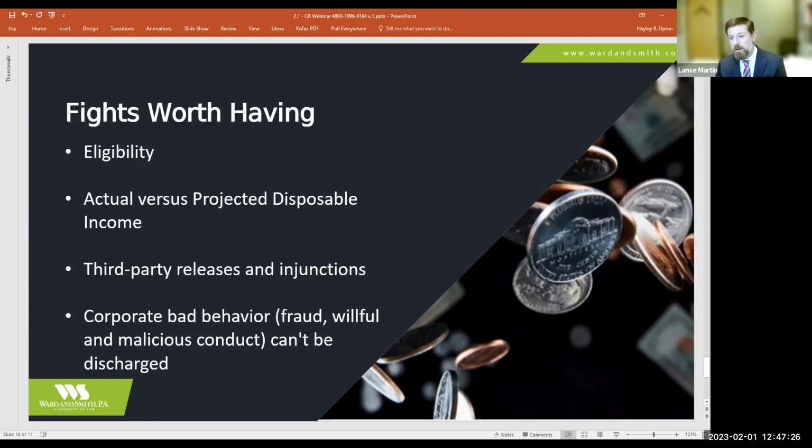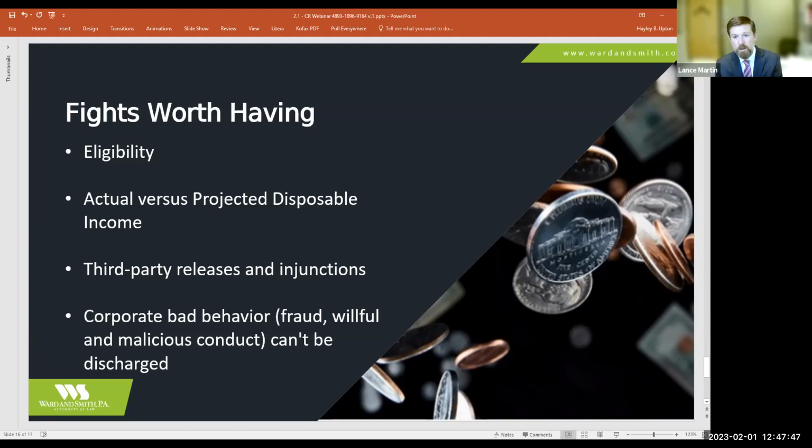The other fight worth having, I would point out, is sort of corporate bad behavior, like any sort of pre-bankruptcy fraud, willful and malicious misconduct. We see this more in commercial litigation than with borrower-lender relationships.